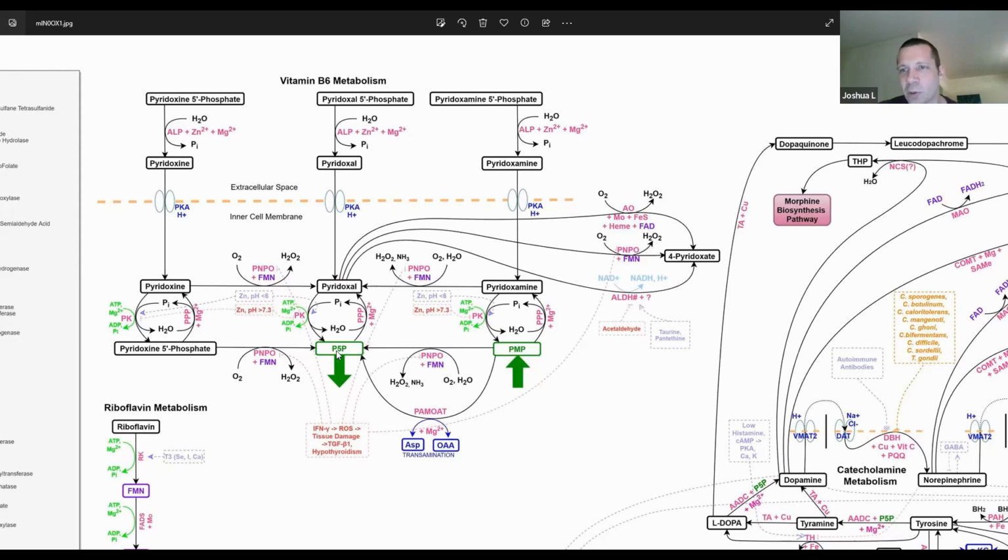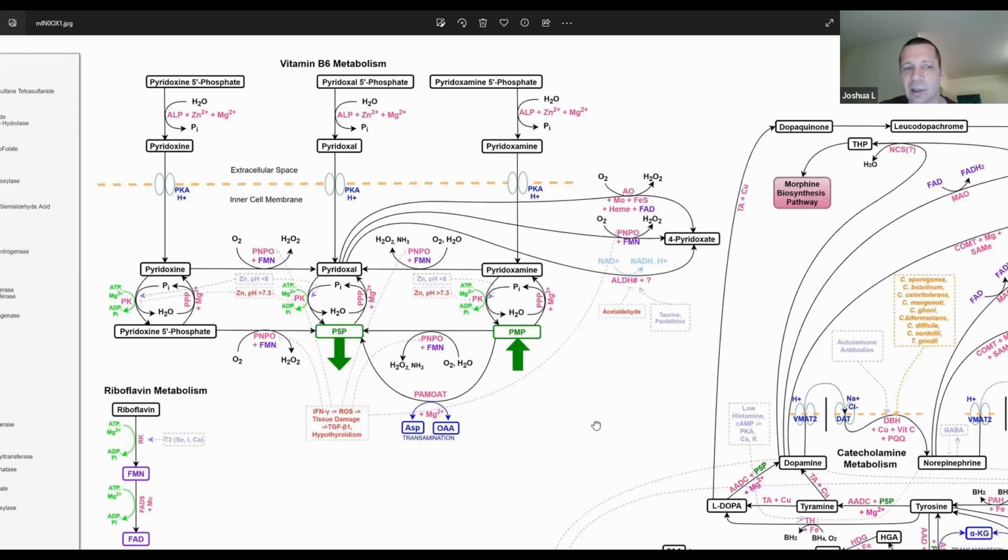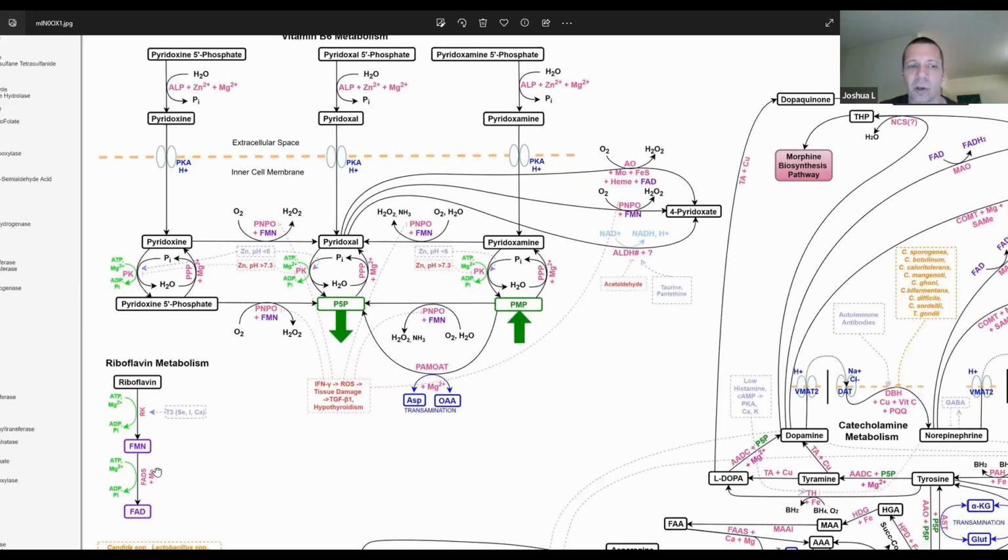So we end up low in intracellular P5P, generally at the same time as, for various reasons, an elevation of pyridoxal, and that's generally because the degradation pathway happens to be inhibited by acetaldehyde. Usually when we look at the minerals and some of the other metabolites, we see that the riboflavin metabolism ends up being impaired, like if the thyroid's not working properly or there's low molybdenum, whichever, and you end up with low flavin mononucleotide as well.